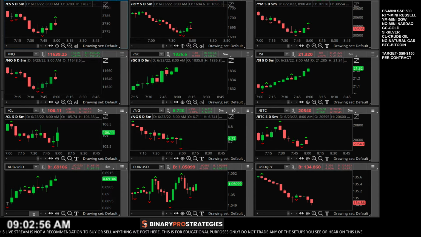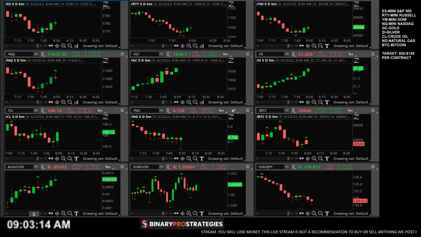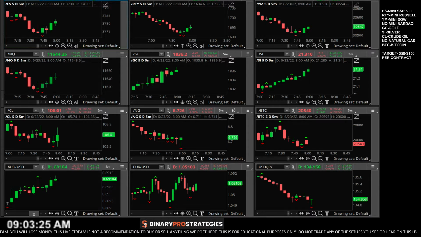Looks like we may get a higher opening, but overall, based on some of the scans we did on the stock market last night, it looks like we may have a lower opening. We have quite a few stocks that are set up to go lower today. Usually when we see that in our stock scan, it indicates that we're going to be lower on the indices. So I would expect the ES, the mini S&P 500, to be lower by the end of the day. And when I say lower, I mean lower than its opening. Whatever it opens at, we are expecting it to close below the opening.